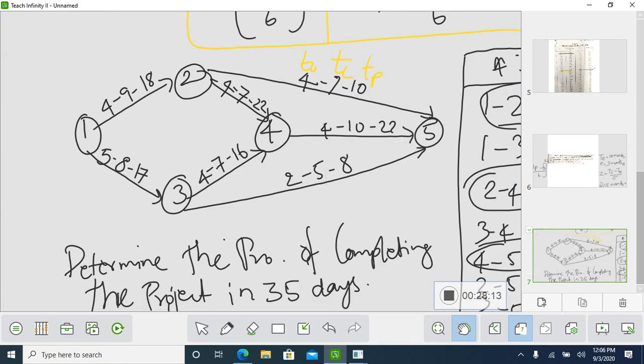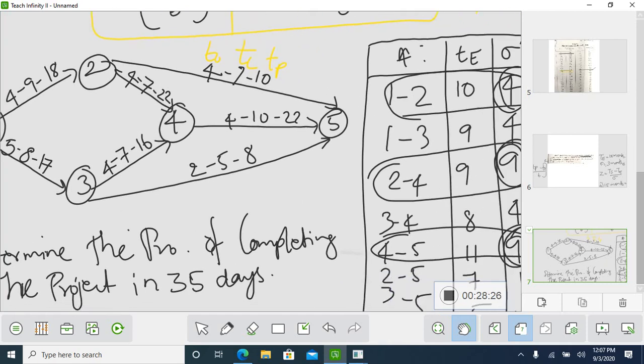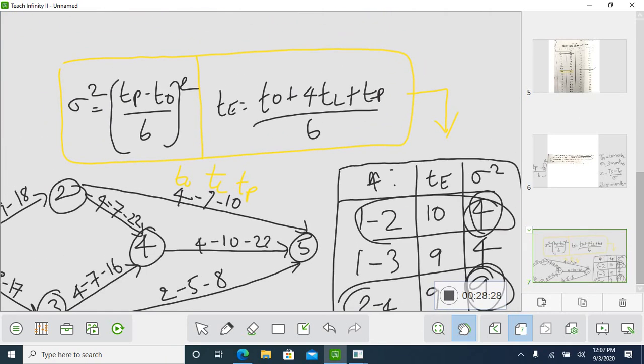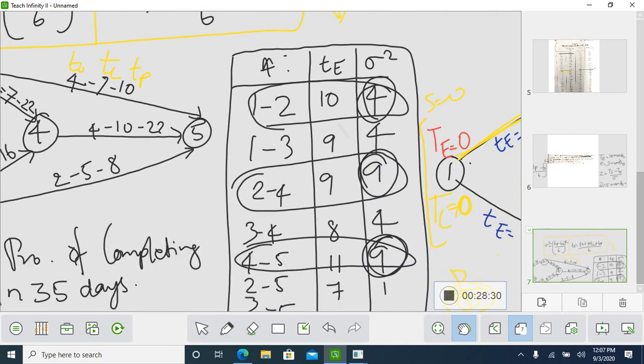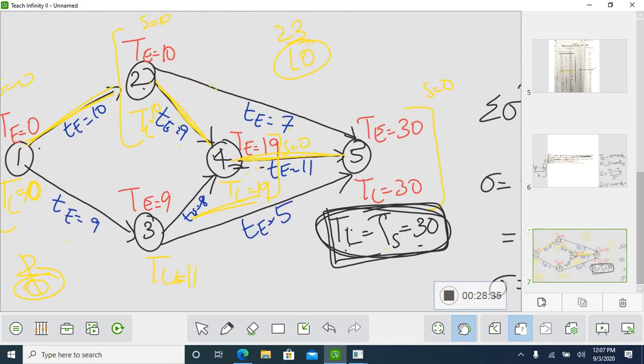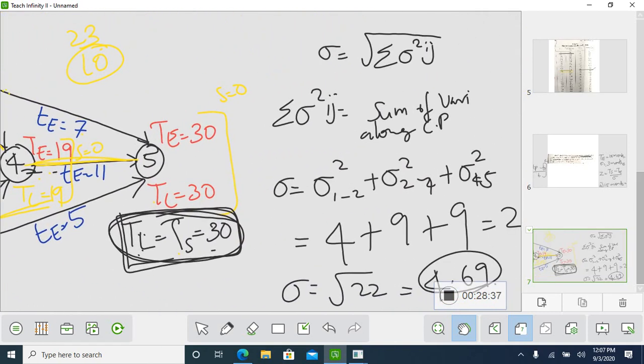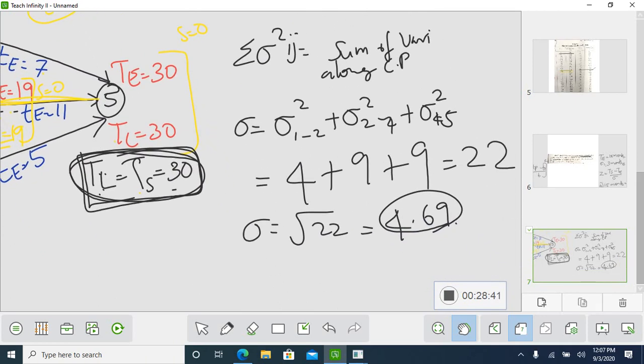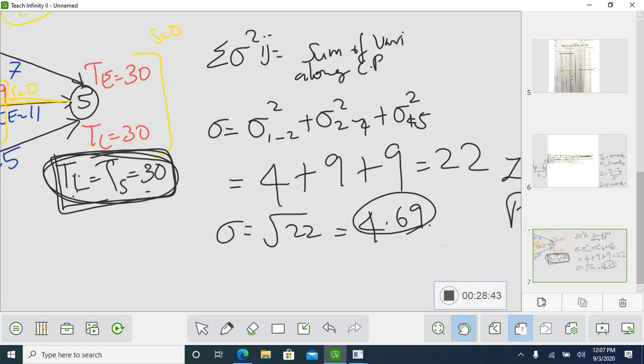So first you have to find the TE, expected time, latest allowable time, earliest expected time, and slack. Only then can you find the variance using this formula. Once you find all this, you find the critical path, because the variance is the sum of variances along the critical path. You calculate along the critical path and get the variance value.